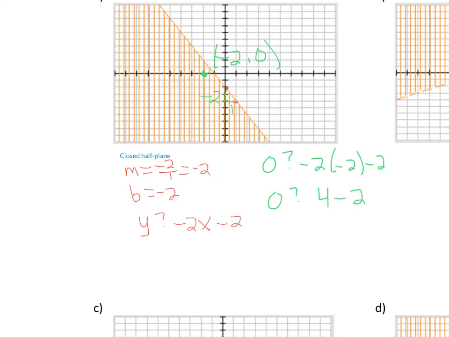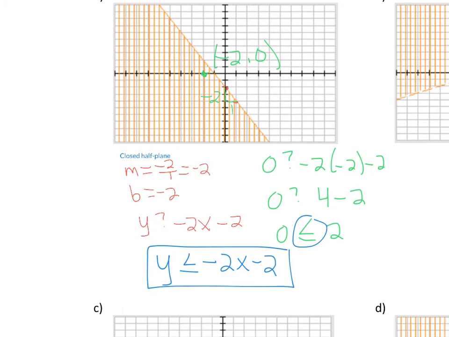Bring down the minus 2. And 4 minus 2 is 2. Well, 0 is definitely less than 2. But I also know it's a less than or equal to because it's a closed half plane. So my final inequality is y is less than or equal to, use that same symbol, negative 2x minus 2.